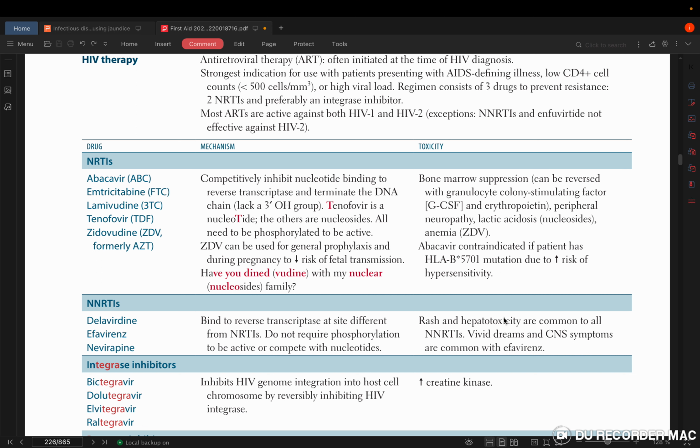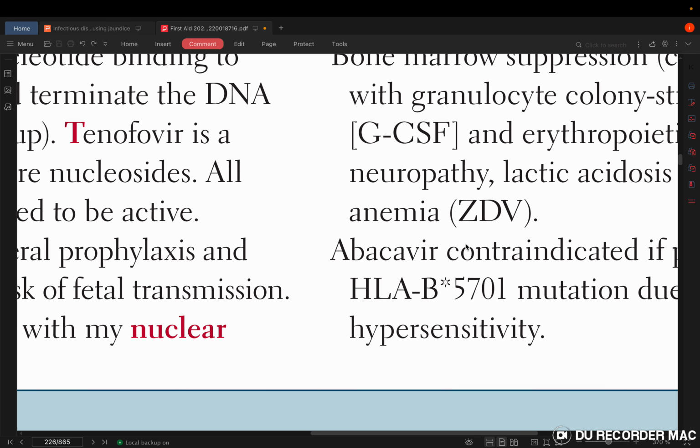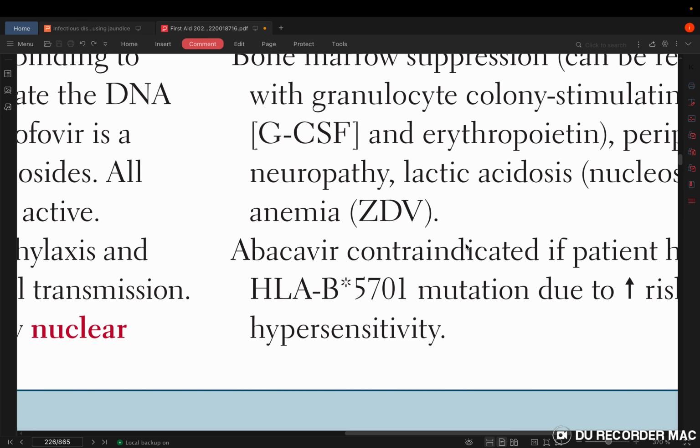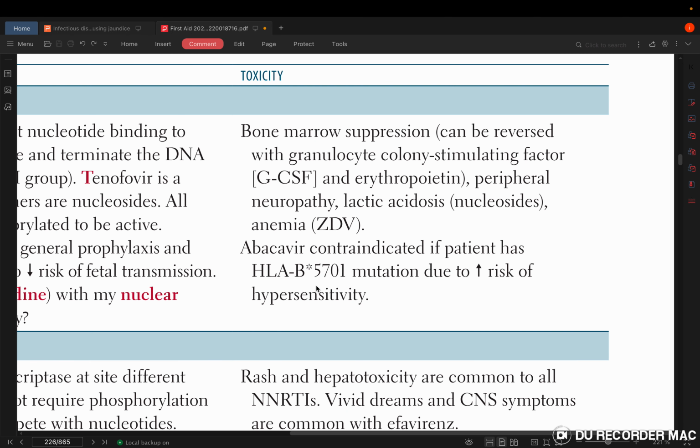So abacavir is contraindicated if the patient has an HLA-B5701 mutation. Guys, now I need someone who's really good at this to tell me: this HLA-B5701, will it be presented on MHC class 1 or MHC class 2?